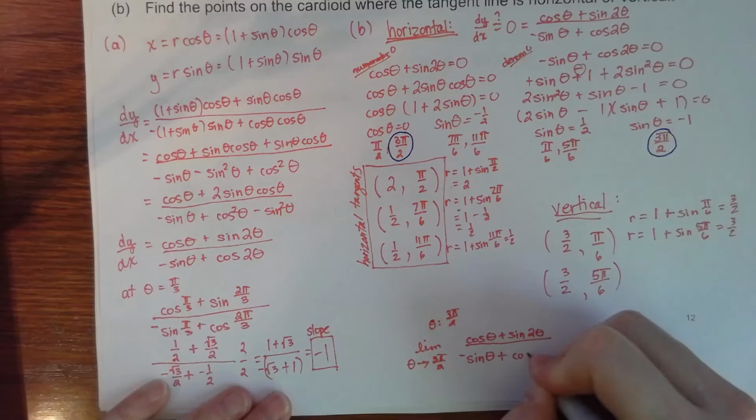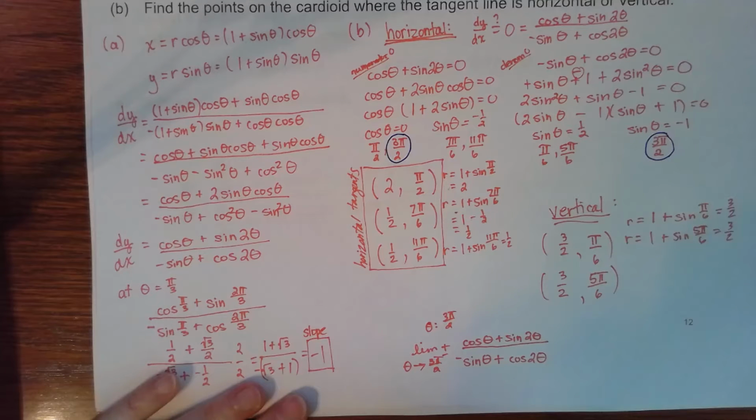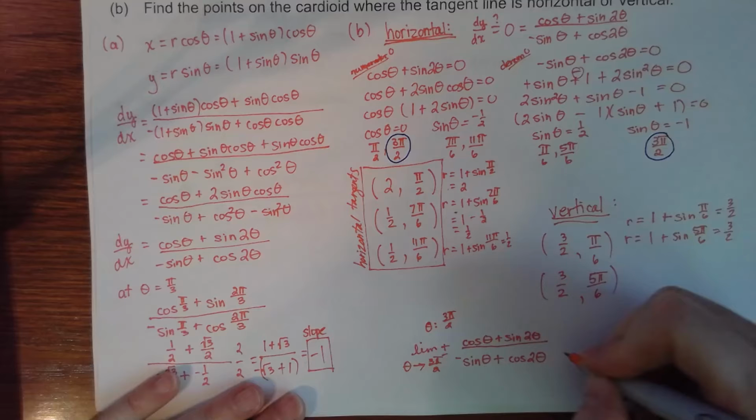Really we should look at the right and left separately, but let's see what happens since we have a 0 over 0. If I put 3 pi over 2 in, I'm going to get 0 over 0, but we know from L'Hopital's rule that I can just take the derivative of the numerator and the derivative of the denominator, and I'll get the same limit.